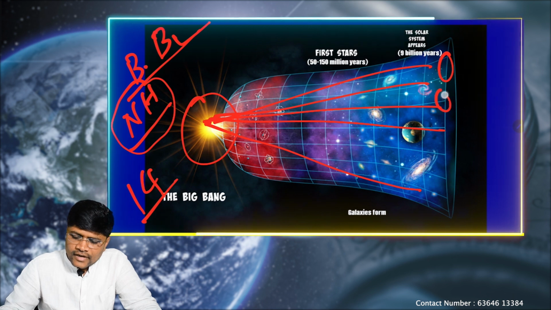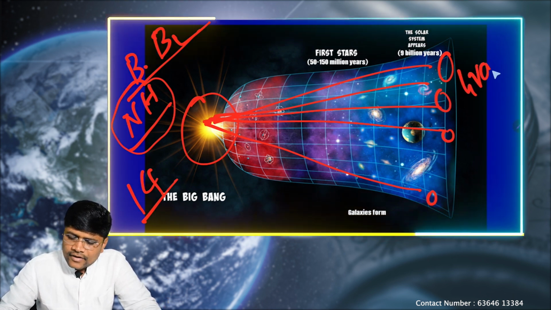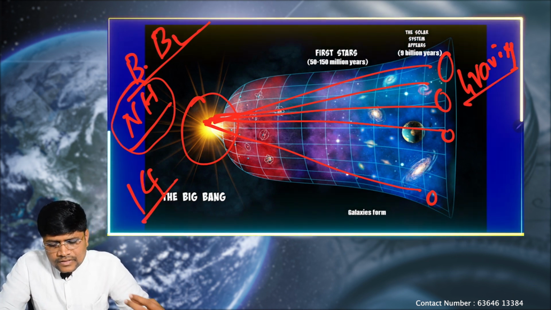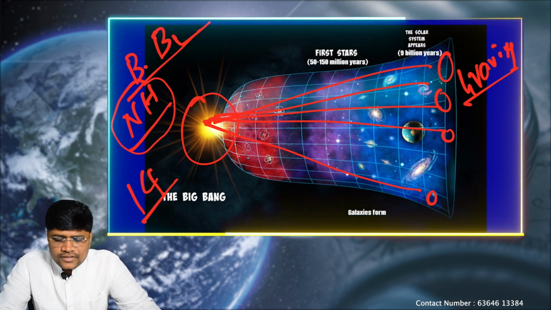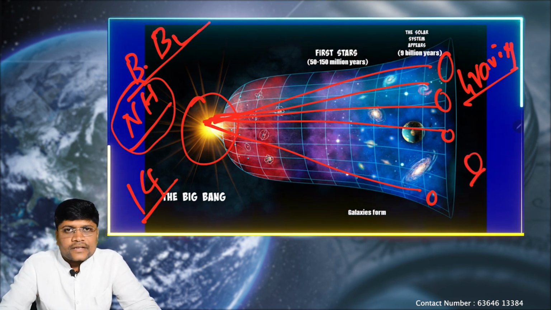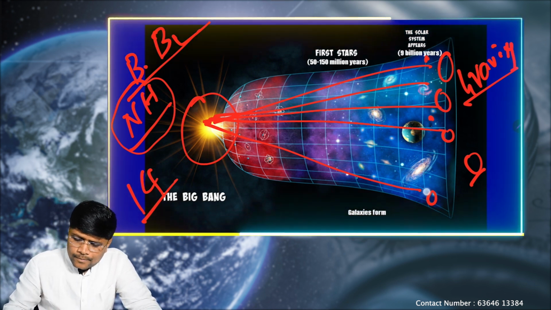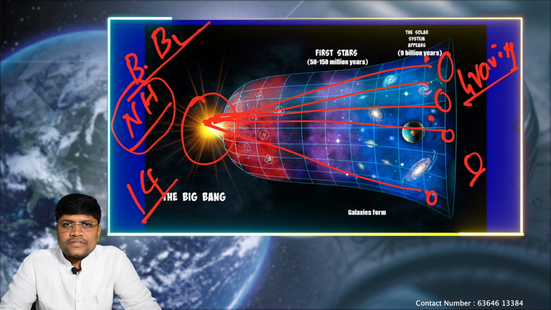Because of the uneven distribution of matter, gravity also applied. That means there were some stars which are bigger in size because of the huge mass accumulation, and there are some minor stars like the Sun which have very little mass. Because of this, this theory says that the universe is expanding.